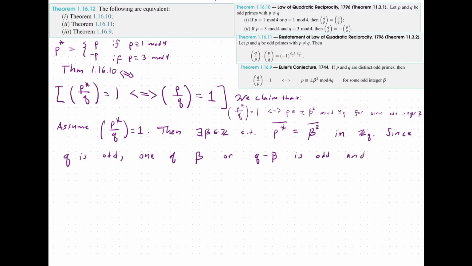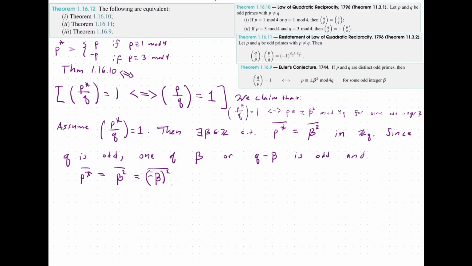And we do have for both cases that P star, that congruence class, would be equal to beta squared, which is equal to Q minus beta squared, which is the same as minus beta. Oops. Didn't mean to put the parentheses there for the whole thing. So we have this. We have these equalities, a congruence class. So one of these is going to be odd for sure.